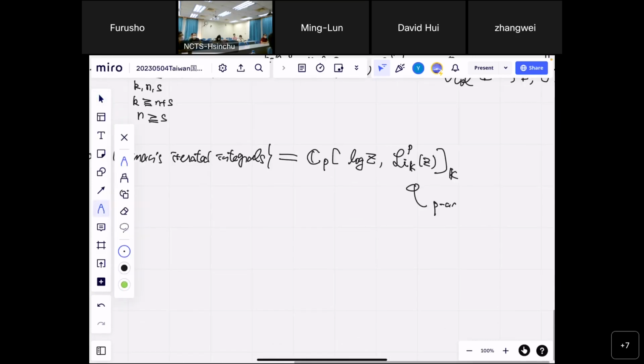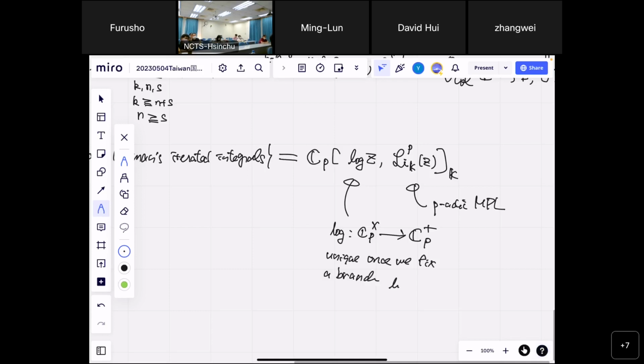This is the p-adic analytic multiple polylogarithm, which was introduced by myself. And this is the p-adic logarithm. The p-adic logarithm is a locally analytic group homomorphism from the multiplicative group of Cp to the additive group of Cp, and this function is unique once we fix a branch.